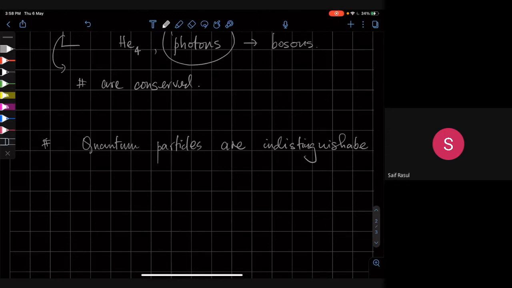And that's something that has experimental consequences.